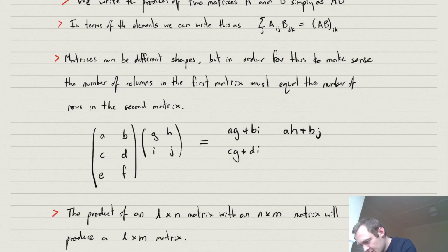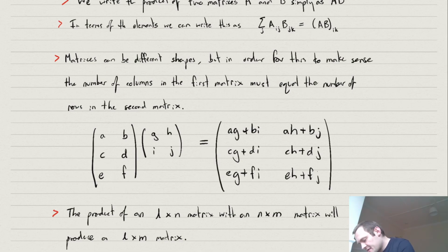Then C times H plus D times J, so CH plus DJ, and then we can keep going down. So E times G plus F times I, and then the final element will be E times H plus F times J.